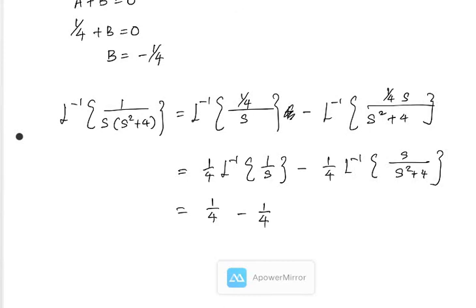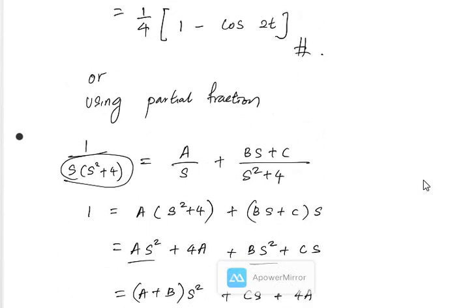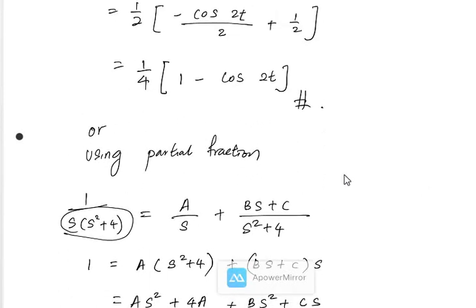And s divided by s squared plus 4 is cos 2t. So I get 1 over 4, and I simplify to 1 minus cos 2t. This answer is exactly the same as the previous one from the transform of integral.